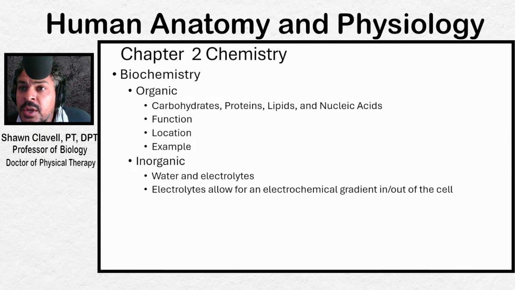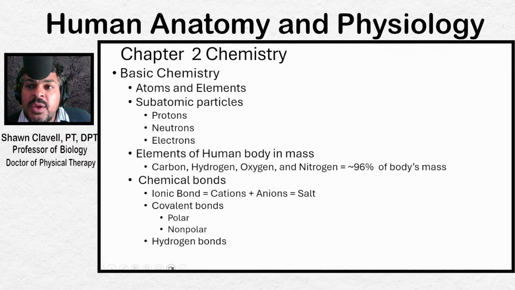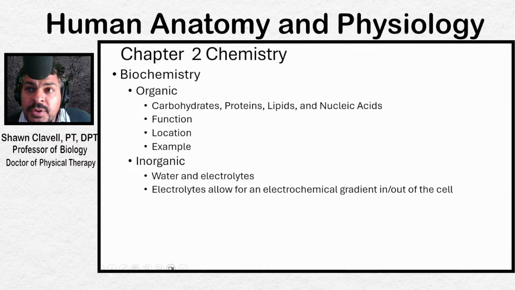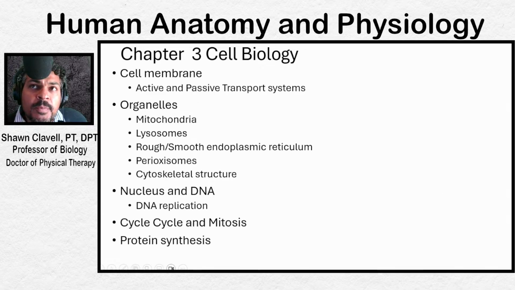And then water, we talked about in the previous portion of the chemistry. Remember that water has polar covalent bonds, and water is a big component of the cell. Up to 60 or 70% of the cell is water, and the electrolytes are these cations and anions, right? These charged particles in mass will actually cause a charge. So they allow for an electrochemical gradient inside and outside of the cell.